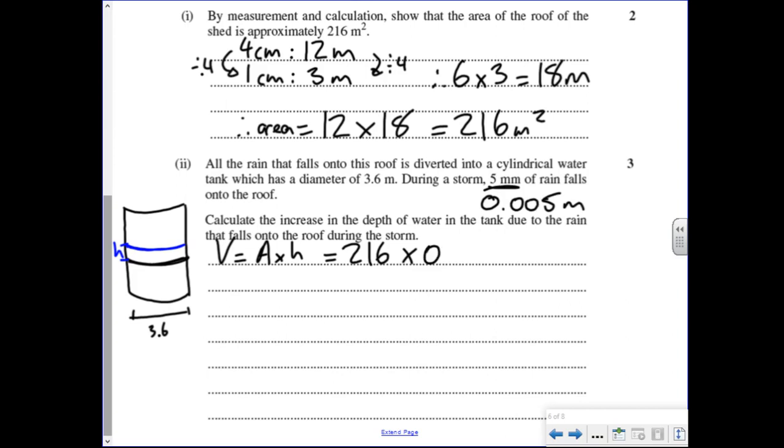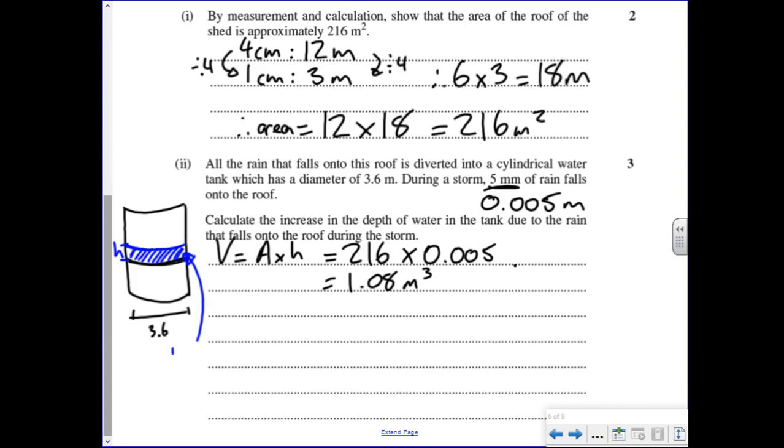So we're going to times by 0.005 meters, which equals 1.08 meters cubed.